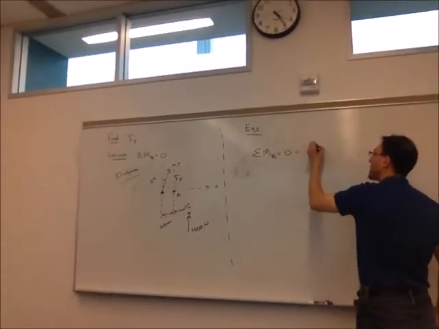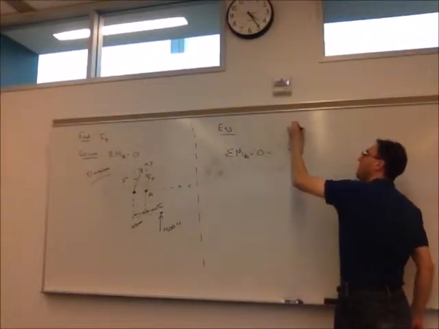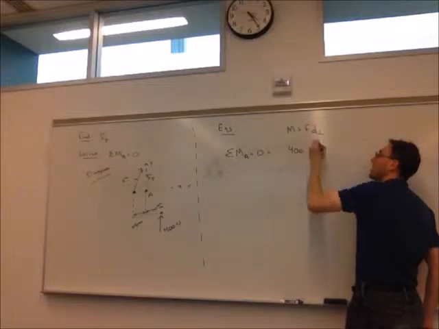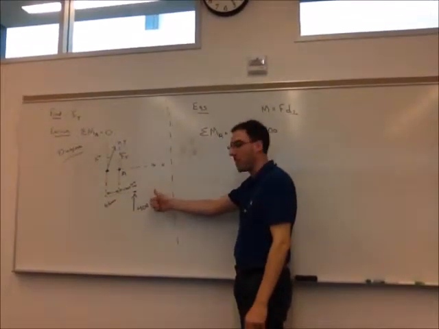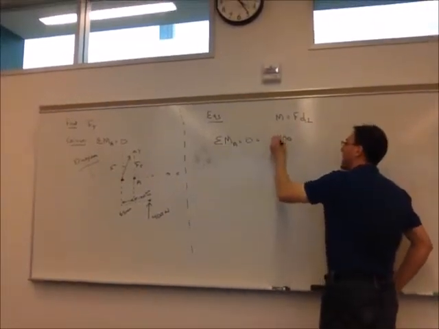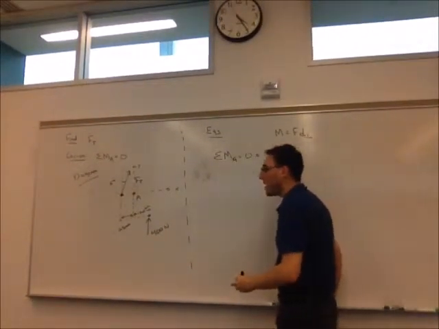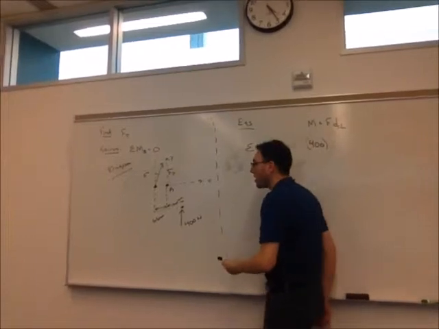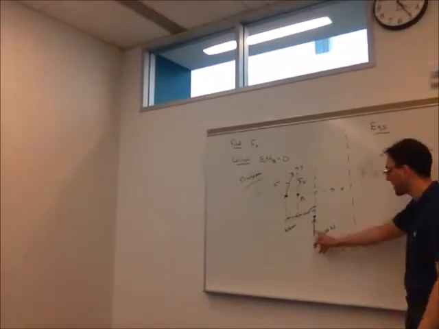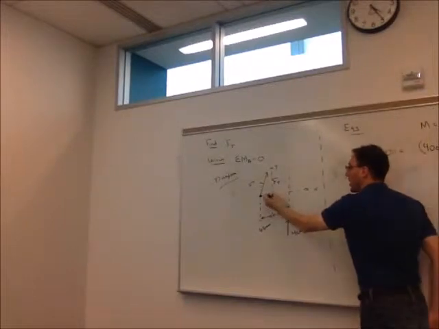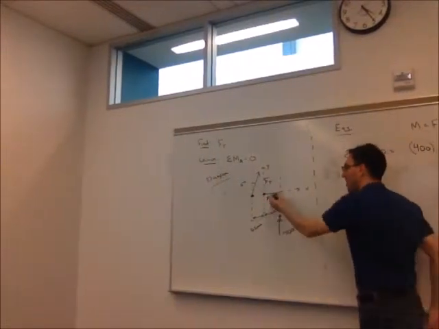We're using that moment is force times perpendicular distance. This 400 newton force is already vertical, so it's going to have a magnitude of 400 newtons. And the perpendicular distance from A, so remember we can move this along its line of action, and we want to see what is the distance between point A and its line of action, that perpendicular distance.